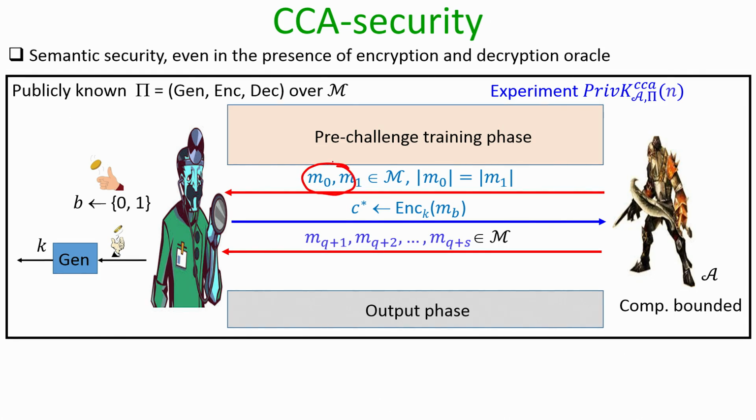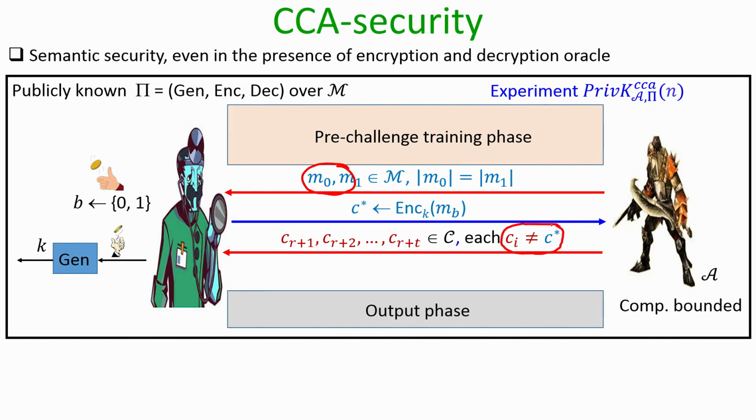So, it can ask for the encryption of any number of messages of its choice, and the challenger has to respond to those queries by encrypting those messages as per the key. The adversary can also ask for decryption oracle service, namely it can submit any ciphertext of its choice for decryption, with the restriction that none of these post-challenge decryption oracle queries can be the same as C star.